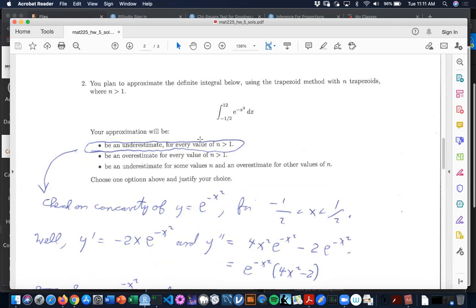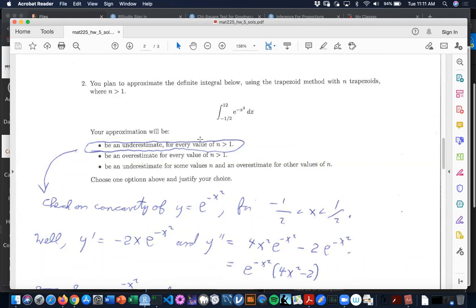Because I'm not really sure. See, it's going to change to concave up after 1 over root 2.